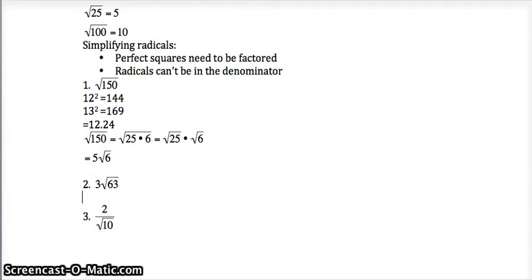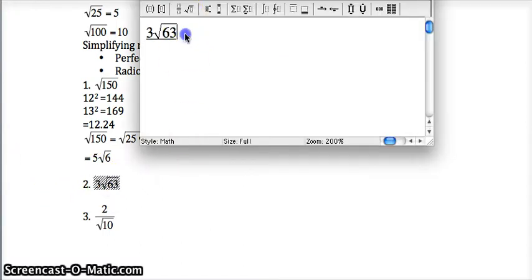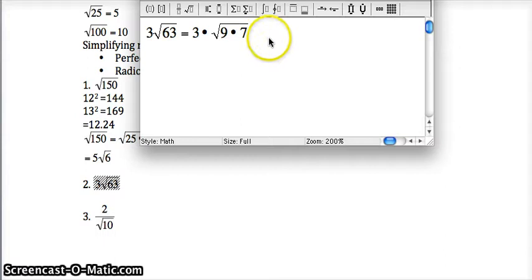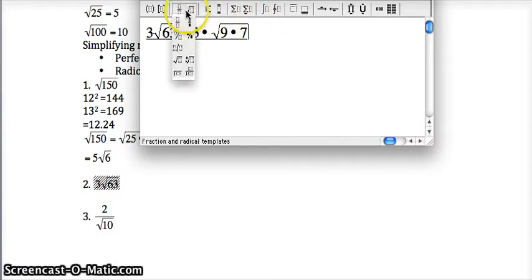So if you have one like this, where you've got 3 times the square root of 63, this is the same thing. I'll show you the same way. So 3 times the square root of 63. When you write the number in front, it's times, so it's 3 times the square root of, and then you look for a perfect square, and so 9 is the biggest perfect square you can factor out of it. You always factor out the biggest one that you can. So it's 3 times the square root of 9 times 7.